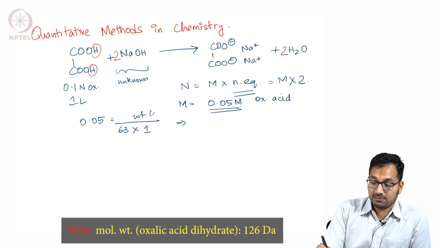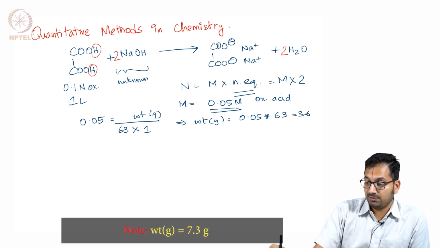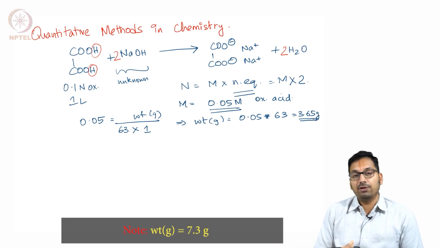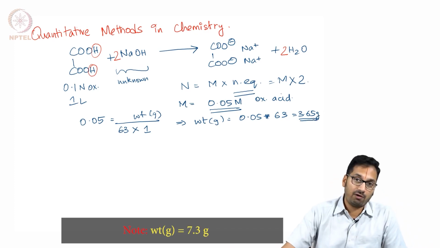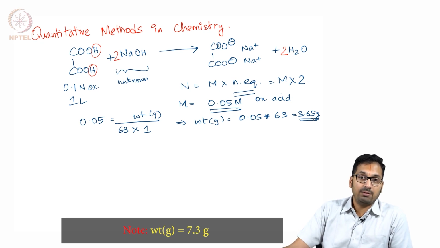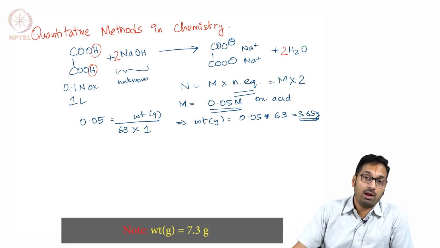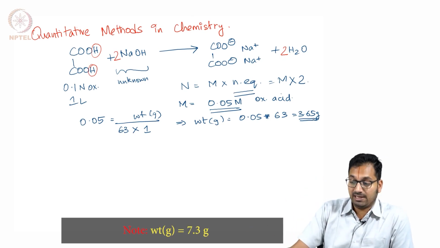So this indicates that weight in grams is going to be 0.05 times 63. That happens to be 3.65 grams. So if you dissolve 3.65 grams of oxalic acid in 1 liter of solution, you end up getting 0.05 molar oxalic acid, which in this context is 0.1 normal oxalic acid.